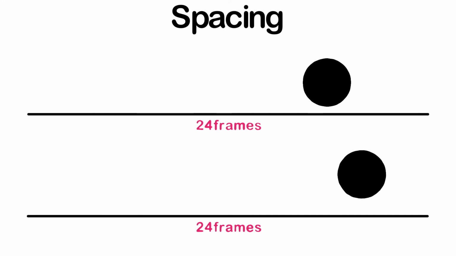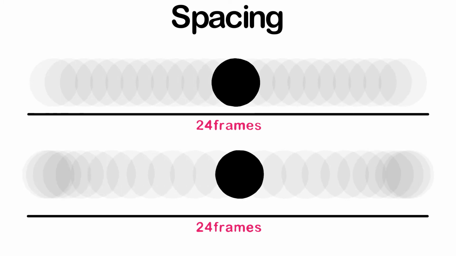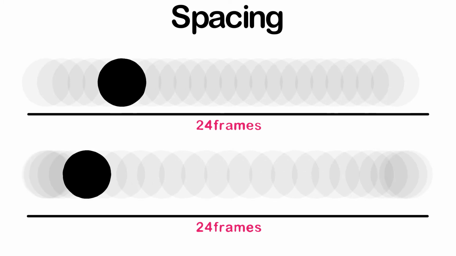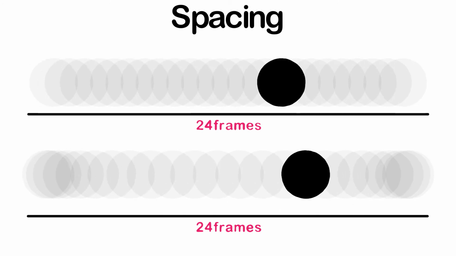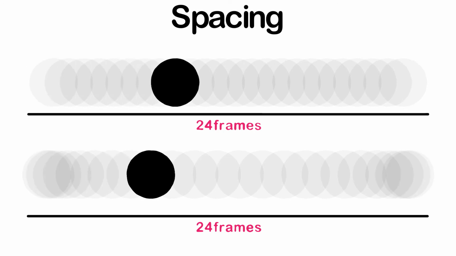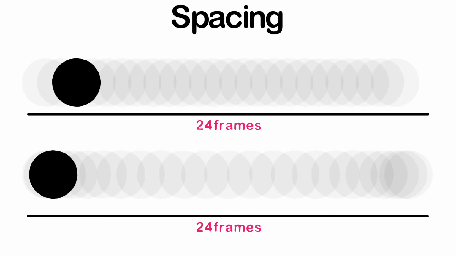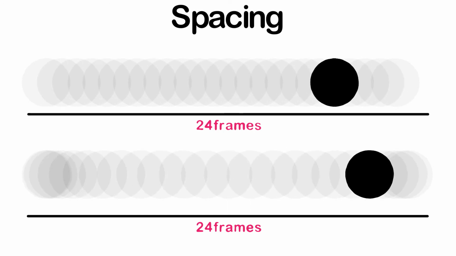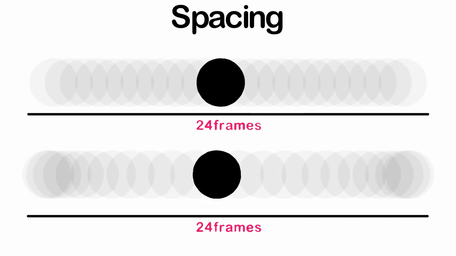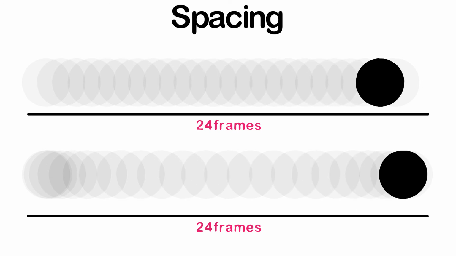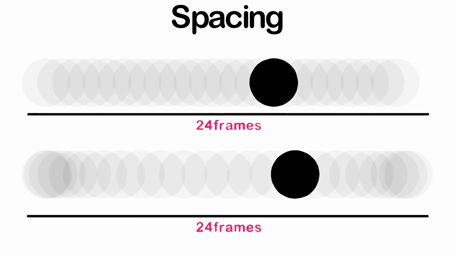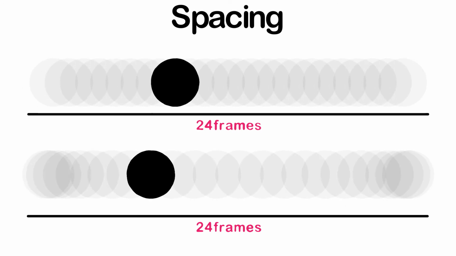If we observe the onion skin or the in-between frames, we can see the difference in the spacing between the in-between frames, which gives an illusion of mechanical movement in the first one and a more natural acceleration and deceleration in the second one. So this is known as spacing in animation.